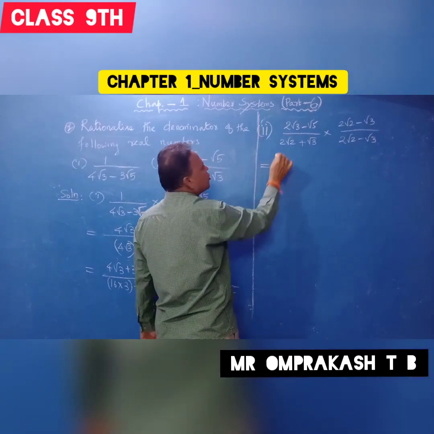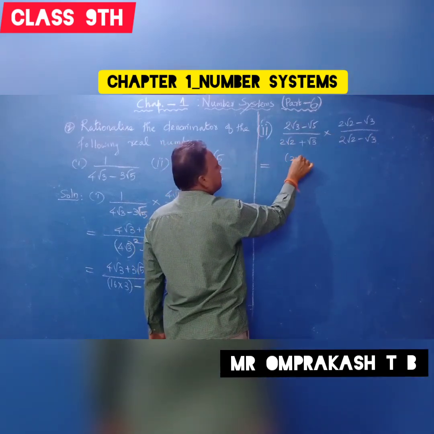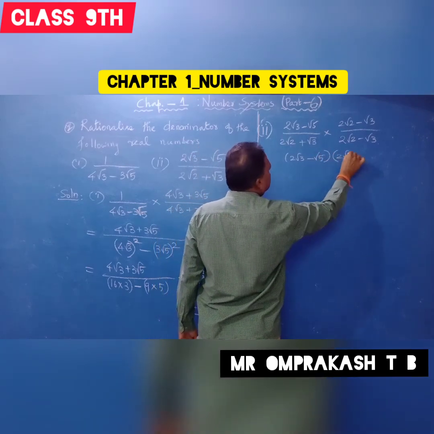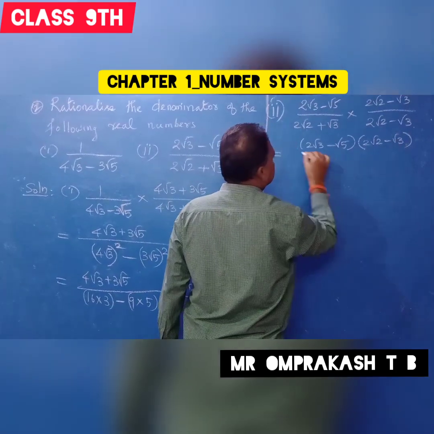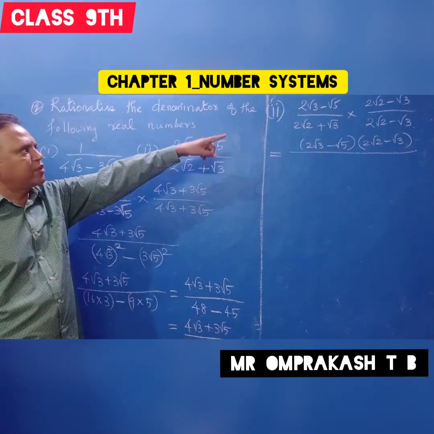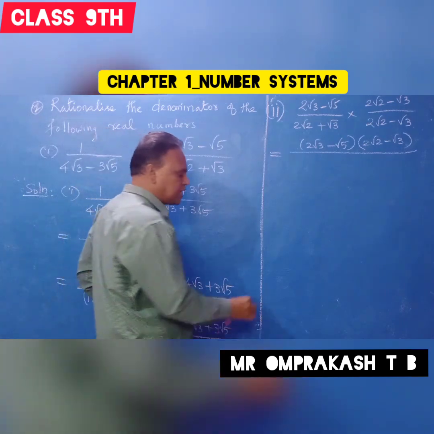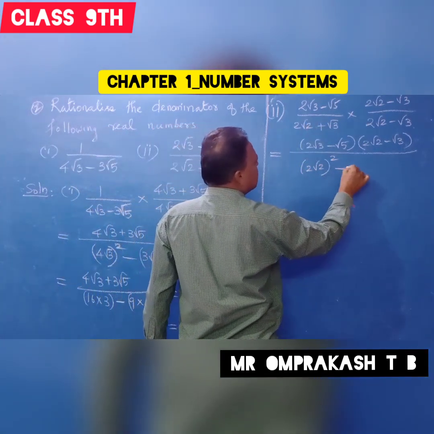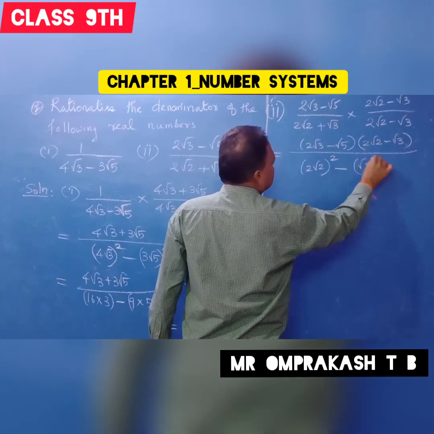So numerator into numerator, product. First write in the bracket. Okay. In the denominator, the form a plus b into a minus b. So a squared, that means the first number make square it, minus the second number root 3 make square it.